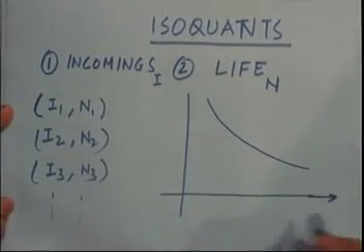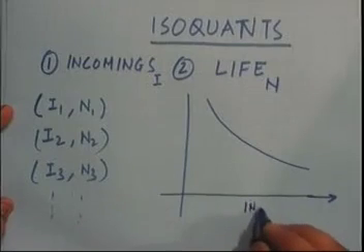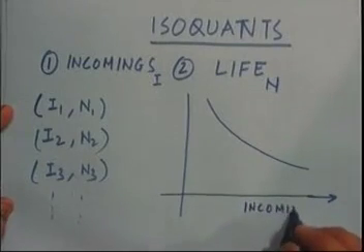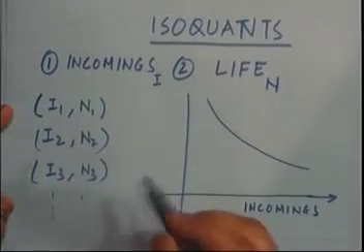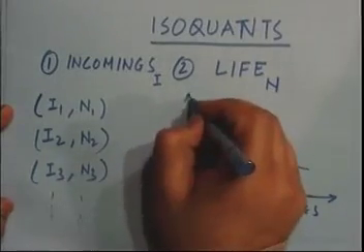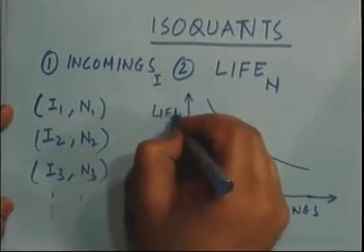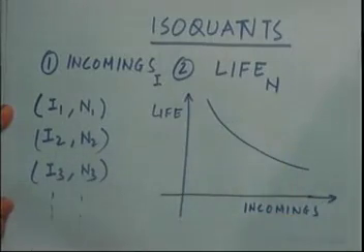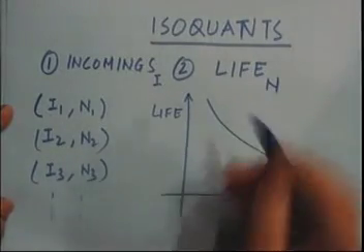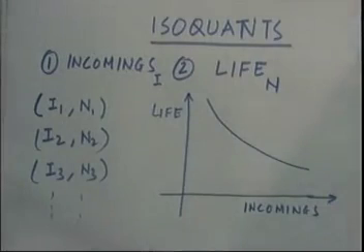Here on x axis I have got incomings, on y axis I have got life in years maybe. So what is happening? My xy plane is getting divided into two parts.